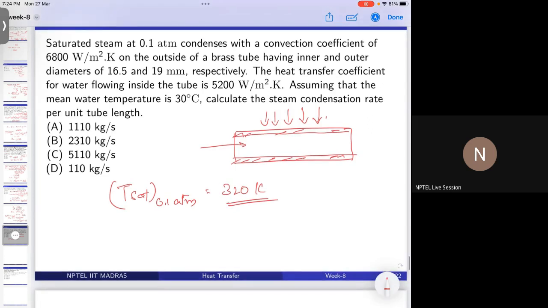So now we have this, and the outer heat transfer coefficient is given, that is 6800 watt per meter square Kelvin, and the inside heat transfer coefficient is also given.